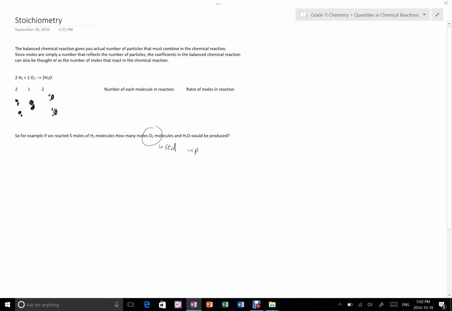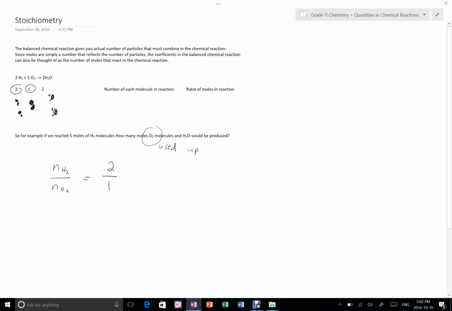Well, if I wanted to know how many moles of O2 would get used up, I know my ratio is 2 to 1. For every 2 moles of hydrogen that get used up in this reaction, I use up 1 mole of oxygen gas, or 1 particle of oxygen gas.